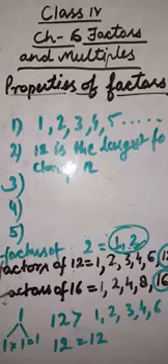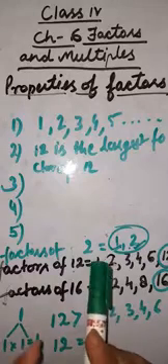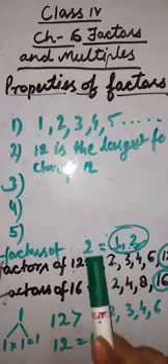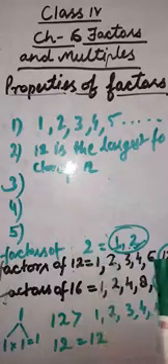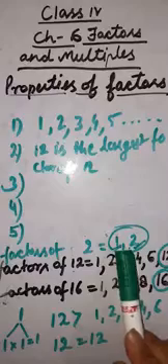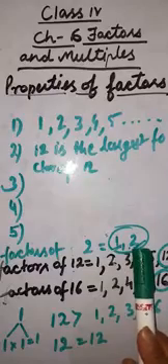But every number has at least 2 factors. One is 1 and the other is the number itself. You can see the example of 2 here. 2 has 2 factors, first is 1 and the next one is 2 itself.